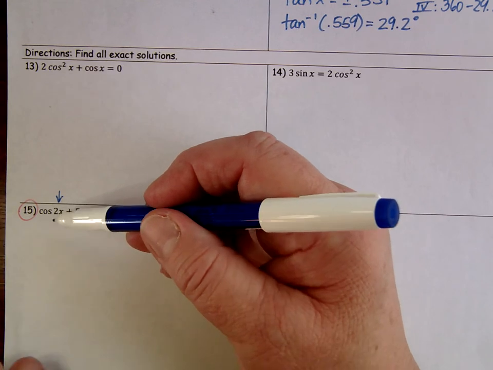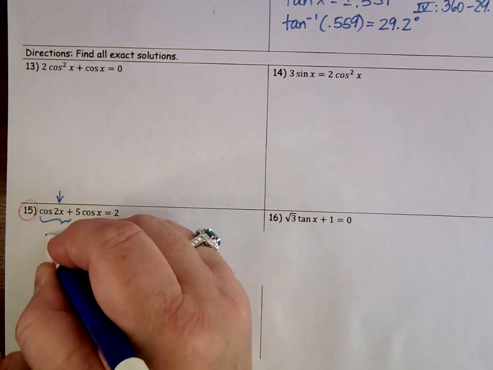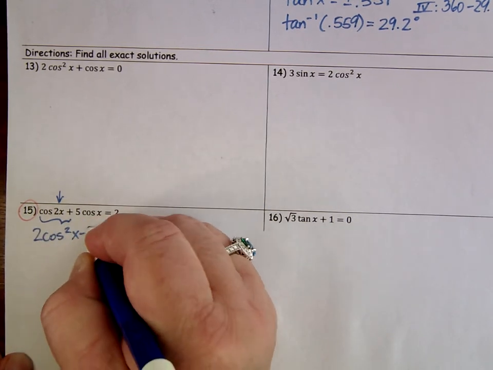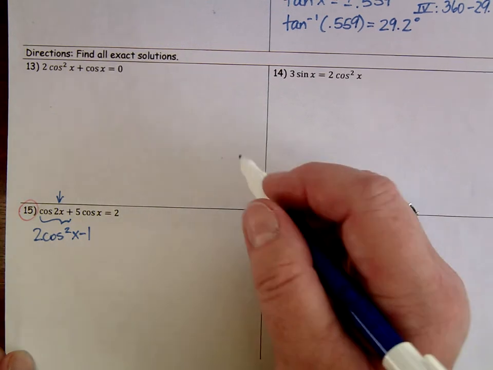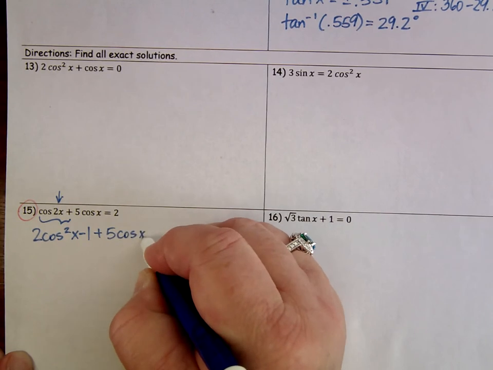And there is. And here's what it is. Just for that piece, it becomes 2 cosine squared x minus 1. That's the double angle formula that only has cosines involved for the cosine double angle. And then I'm just going to keep the rest of the problem the same. Plus 5 cosine of x. I'll bring the 2 over, minus 2.